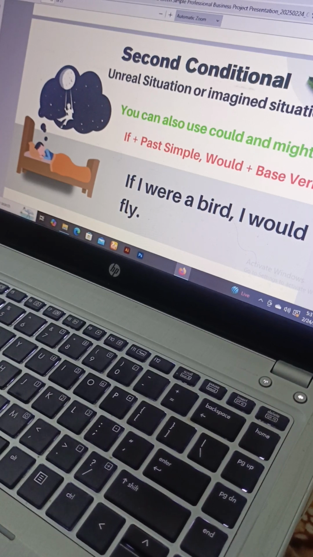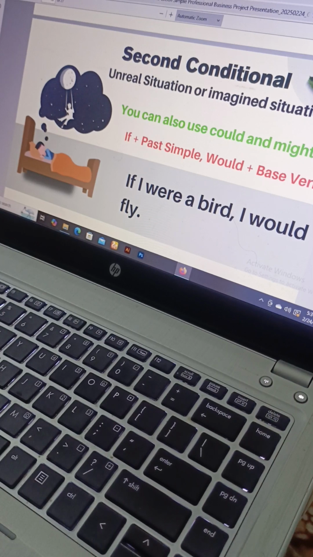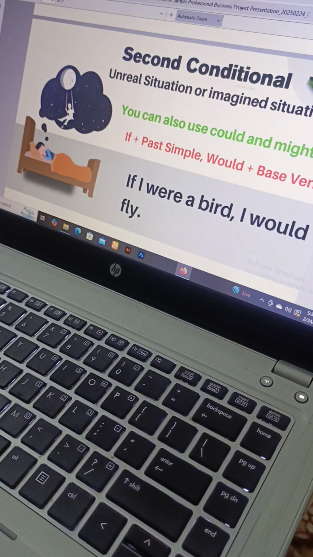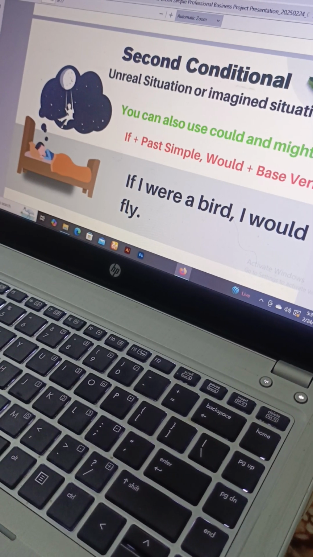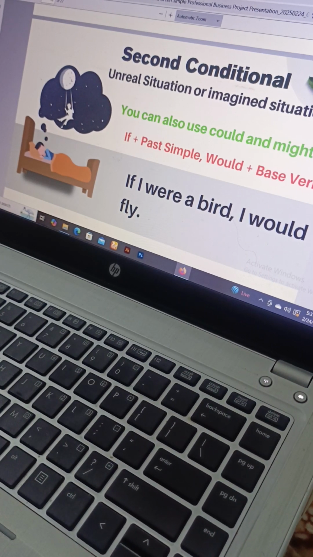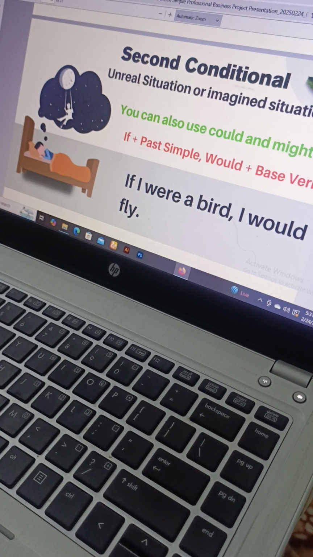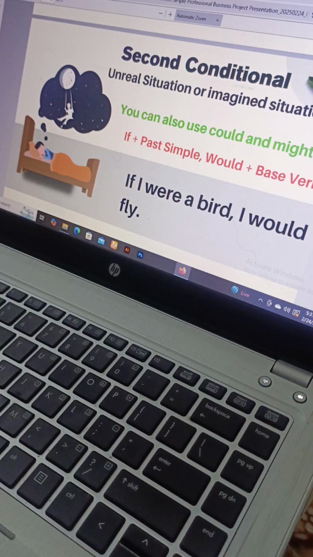For example, let's say if I were a bird, I could fly. I might fly. Okay, these three words, could, would and might, have the same meaning. The only difference is their intensity. When we use would, we are saying something with a little more surety. Lower than that comes could. When we use could, there is some surety but less than would. And then at the lowest comes might, where the surety is very low, lower than would and could. The meaning is one, there is only a difference in intensity, okay?